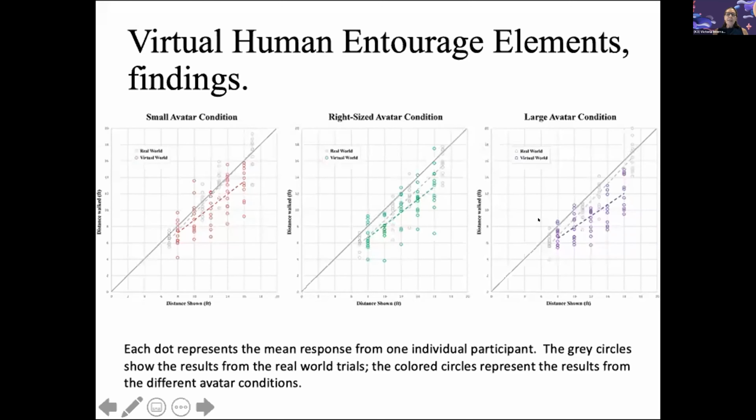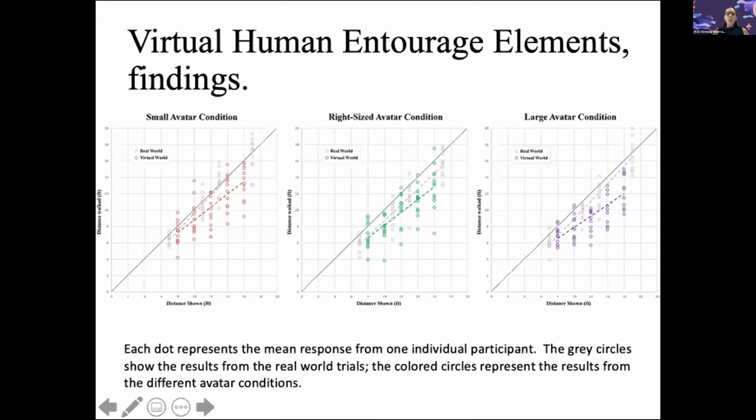We ran statistical analysis, and that showed a slightly greater amount of underestimation in the large avatar condition relative to the small avatar condition, and slightly more similar amounts of underestimation between the real and virtual environments in the right-sized avatar condition than in the conditions with the mismatched avatars.